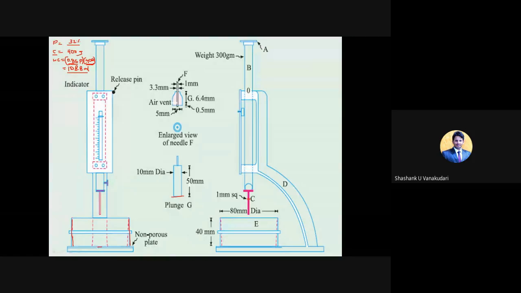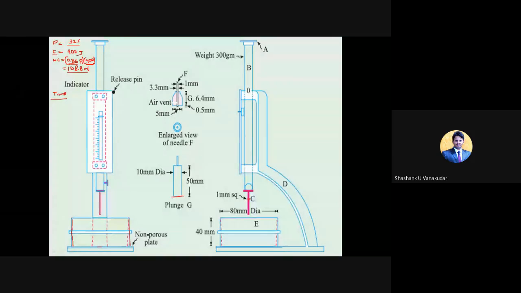Clear? So what you need to note down: in the normal consistency test, you noted down the percentage of water required to make the standard cement paste. Now in this initial setting time test, you need to note down the time. At what time will you get those results, in the sense the penetration value of 33 to 35 mm from top?